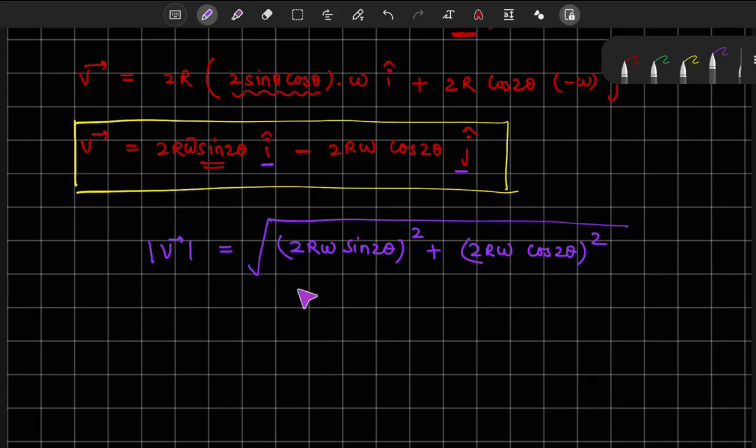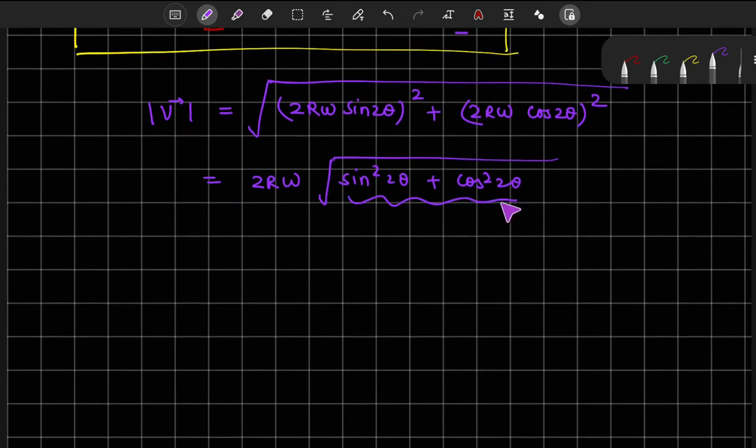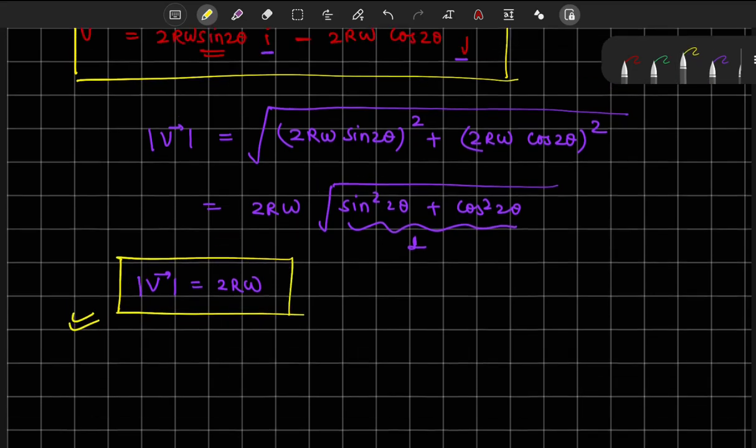So from here, if we take the common, that is 2r omega, we will get 2r omega under root sin square 2 theta plus cos square 2 theta. So this particular expression is nothing but 1. So we will get the magnitude of the velocity is equal to 2r omega. Okay, so this is the expression of magnitude of velocity we got.